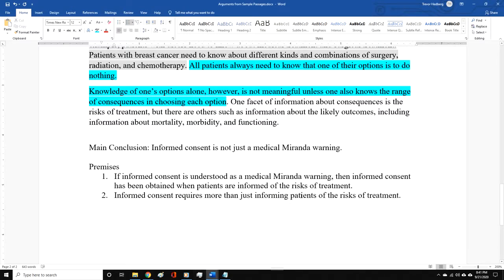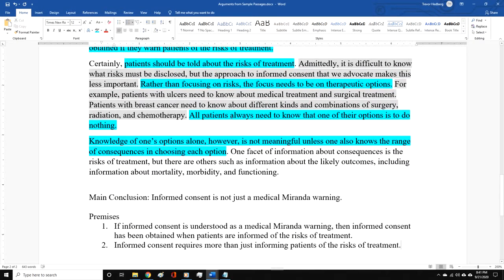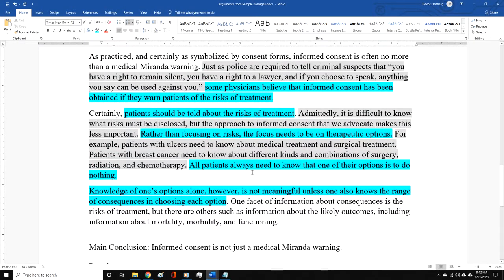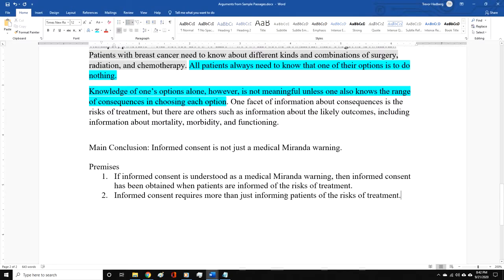Now, that seems kind of minimal, right? Considering all the information we have up here, that seems like it contains premise content.